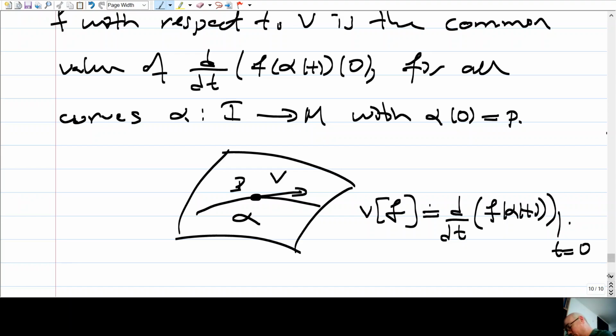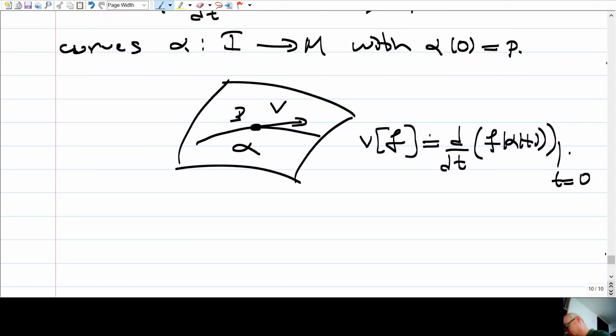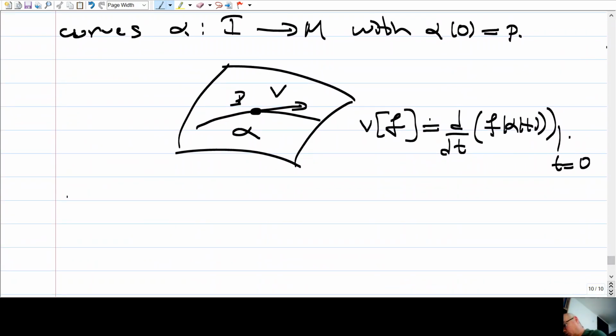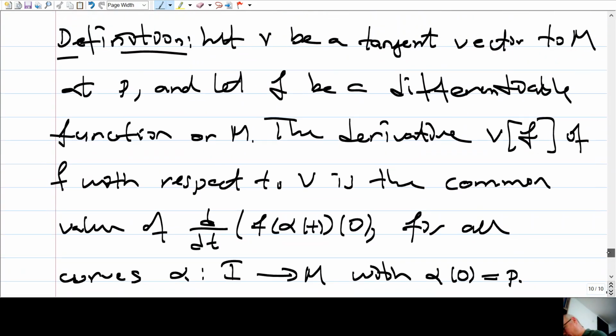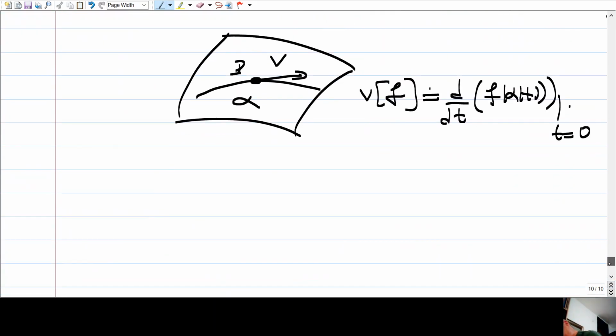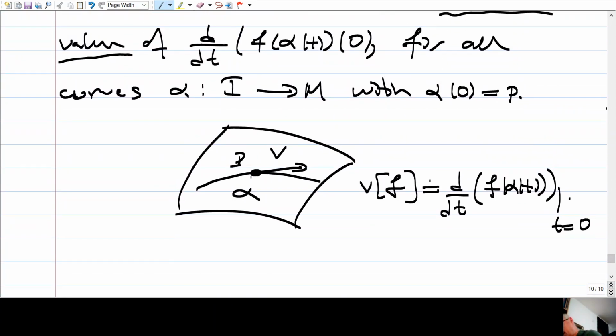This is the definition, okay? Here you should think about this. I said the common value. What I mean is the following. There are, of course, many other curves, not just this alpha, but many other curves.